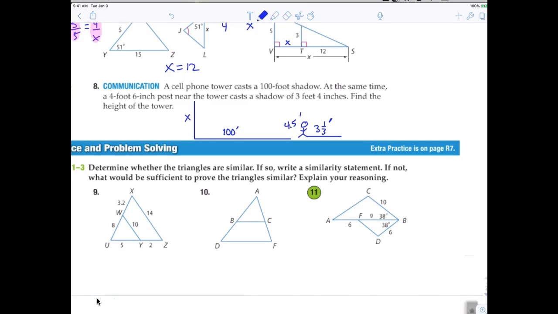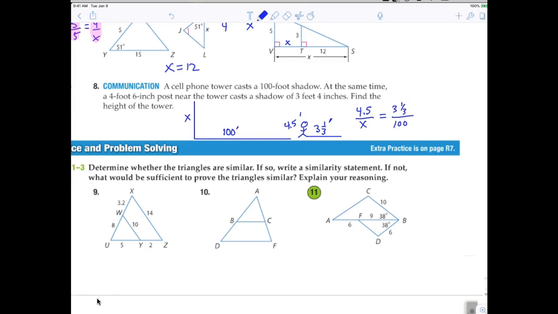All right. So again, here is where we're saying 4.5 over x is equal to 3 1/3 over 100. Yes, again, you're looking for side to side, shadow to shadow. Now again, I don't mind you using your calculator.